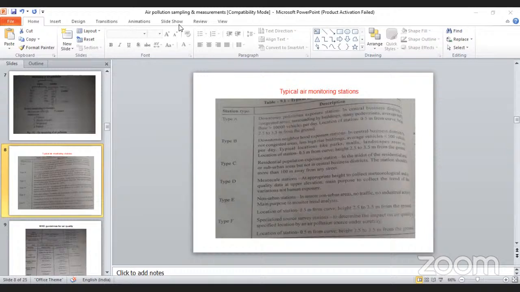The collection medium could be liquid, or solid sorbent, or sometimes dissolving gases, or filters, or samples for air analysis by automatic instruments. A flow device like a rotameter must be used to find out how much volume of air is used for this sampling.